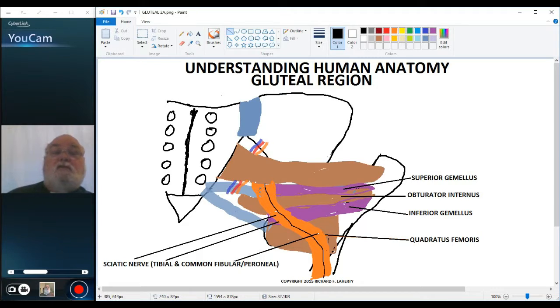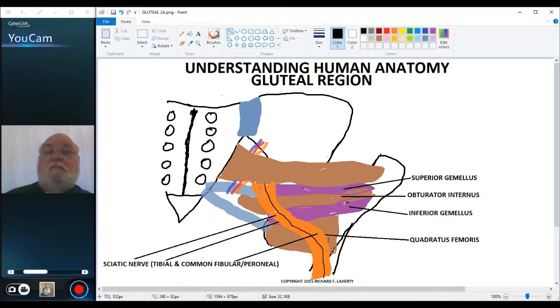So you can see that the sciatic nerve takes an S-shaped course through the gluteal region, and what I want you to remember is that when injections are given in the gluteal region, the needle is placed out in this area, roughly the area of the gluteus medius muscle.